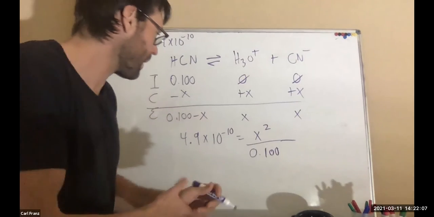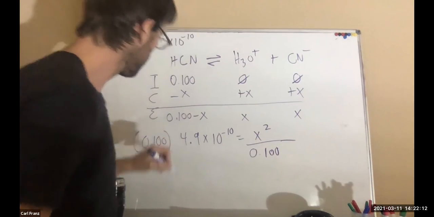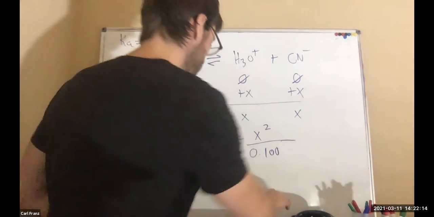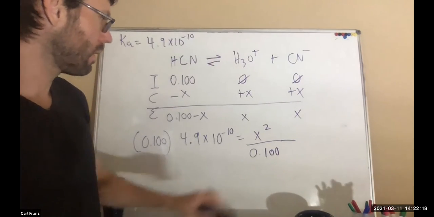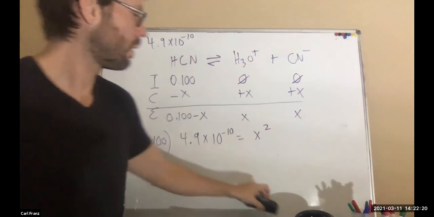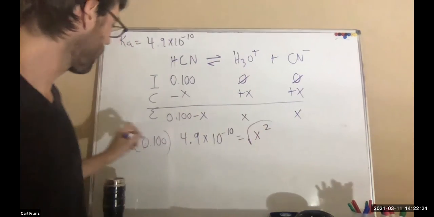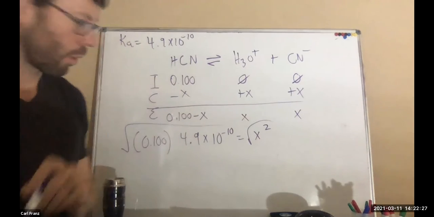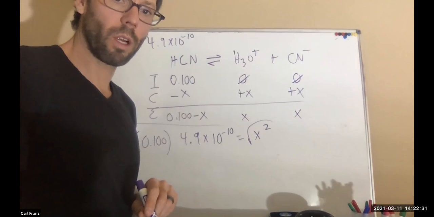And so then this just becomes 0.1 times 4.9 times 10 to the negative 10 equals x squared. Take the square root of both sides, and what do we get when we crunch that?